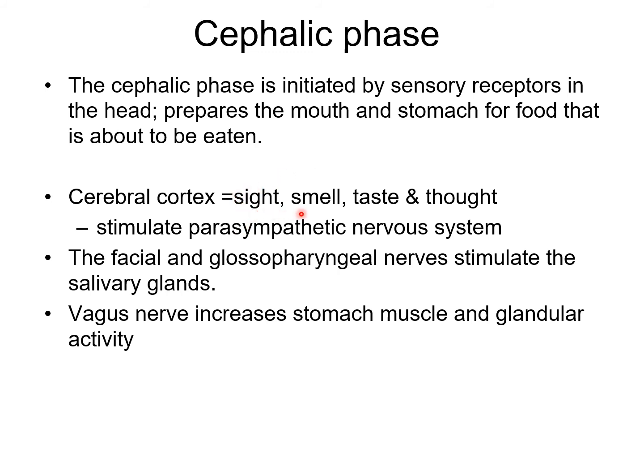Seeing, smelling, tasting food also activates cranial nerve 10, the vagus nerve, and just by seeing, smelling, tasting food, our stomach churning, mixing, and gastric juice secretion will also be increased.